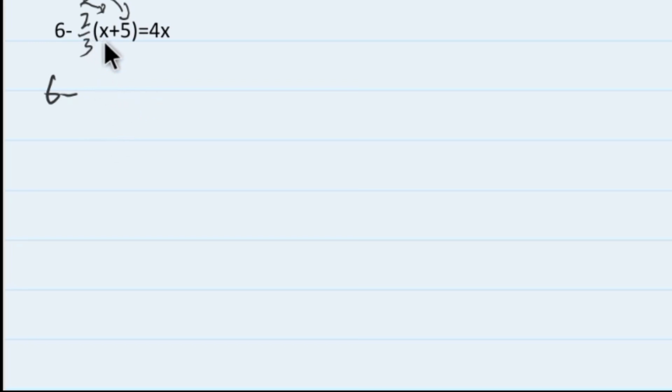Remember that while multiplying fractions, we multiply numerators by numerators and the denominators by denominators. Since these values have no denominators, their denominators are 1. Also there is a minus symbol, so it changes the symbols of the values inside the bracket.